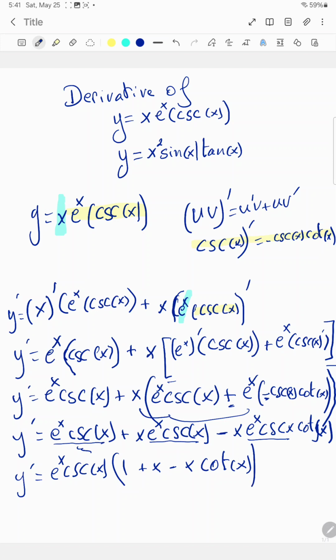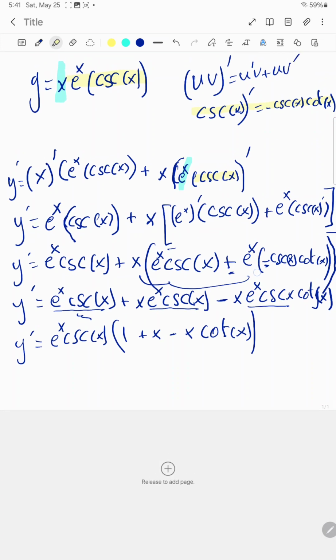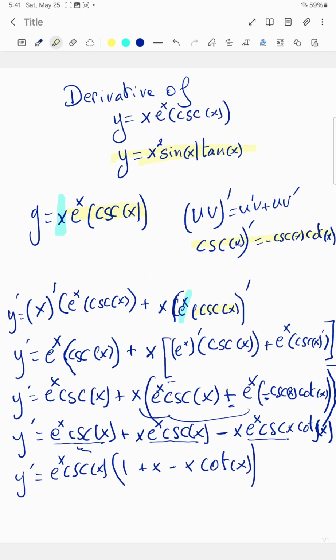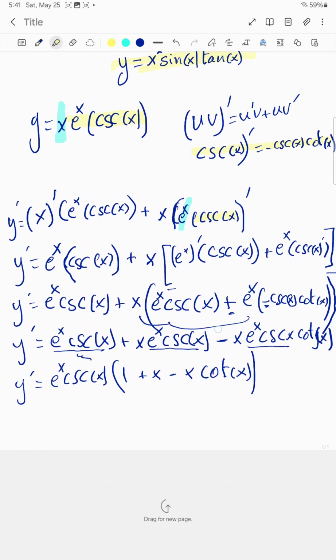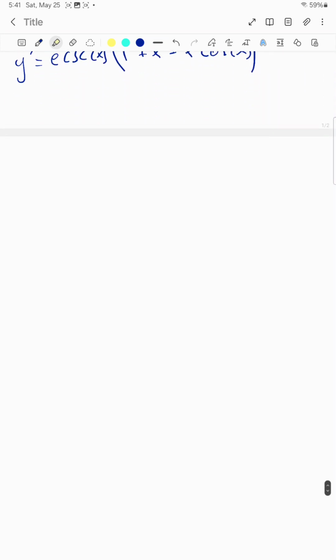Let's do the other function, which is this. So let's copy it. Okay, I know it. So my second function that I'm deriving, y is equal to x squared sine of x tan of x.